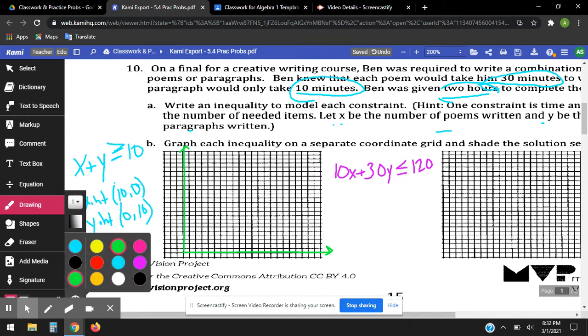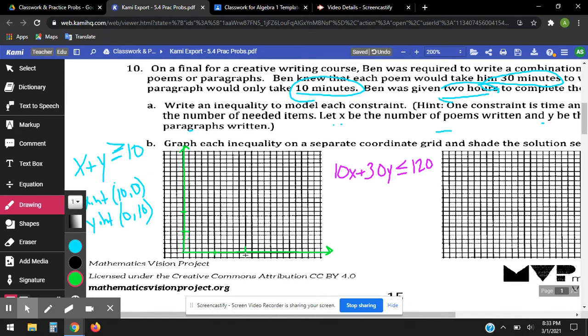So let's count our marks, 1, 2, 3, 4, 5, 6, 7, 8, 9, 10.